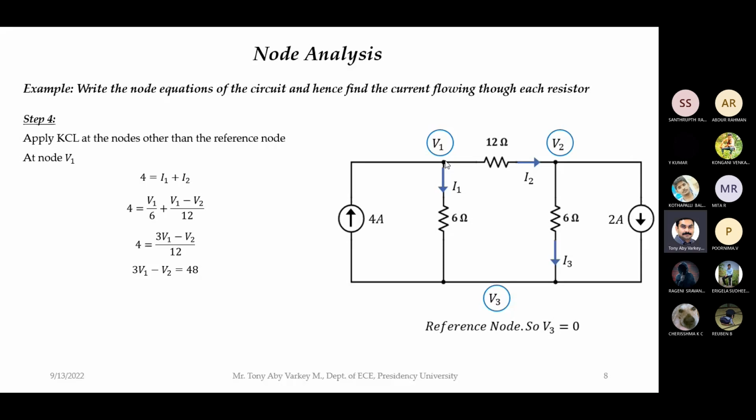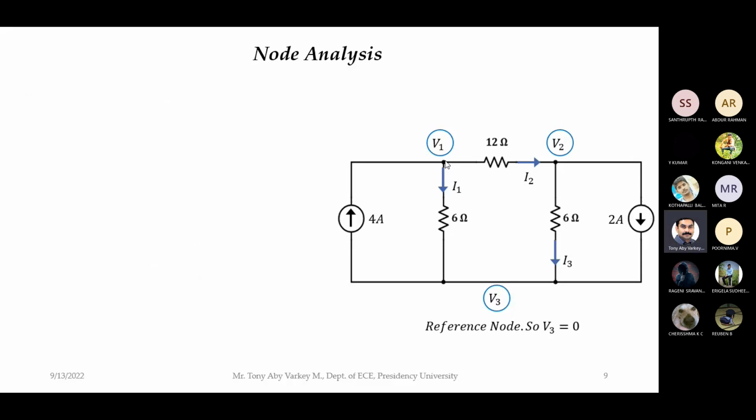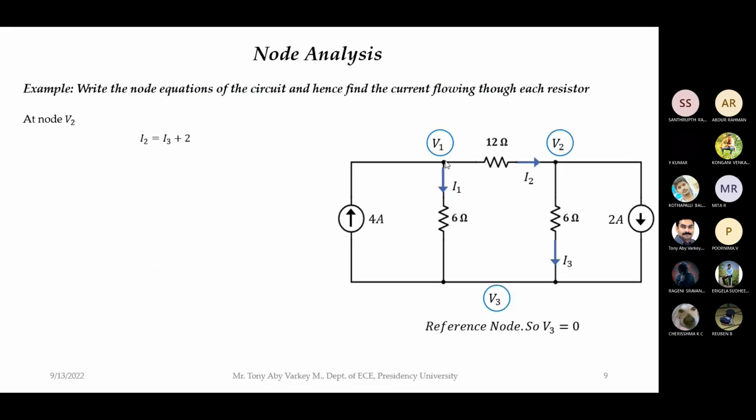A is the unit of current, ampere. So I2 equal to I3 plus 2. Whatever you told is correct, so I'm writing that here. Now substitute. What is I2?